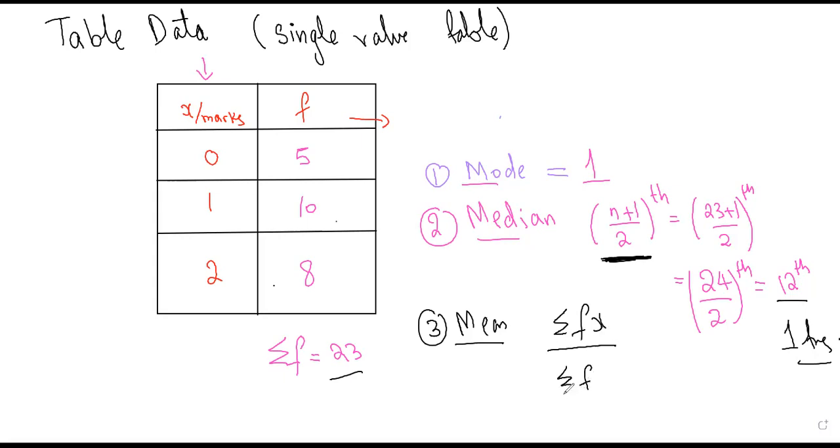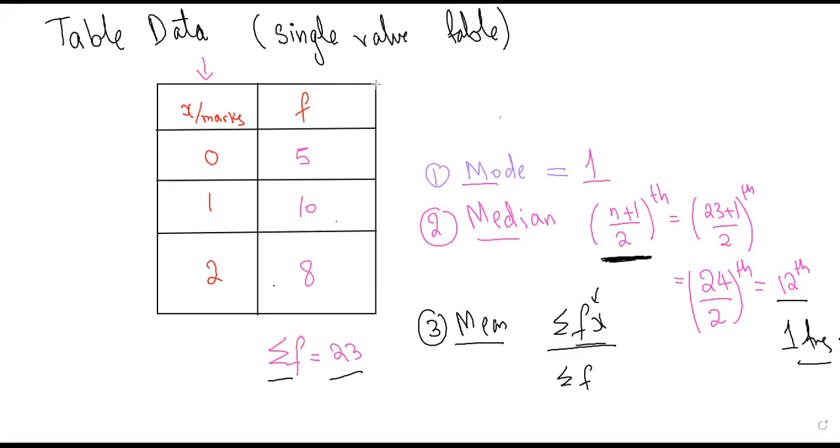Okay, now please don't worry about the sign. It's very easy. Summation means summing all the entries. Okay, so in case of summation f, we summed 5, 10, and 8. In case of summation fx, first we need to make the column of fx. So let me make the column quickly.